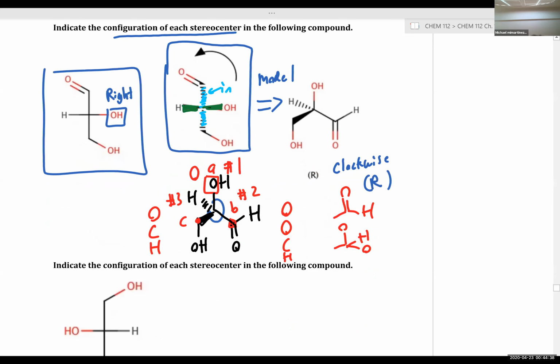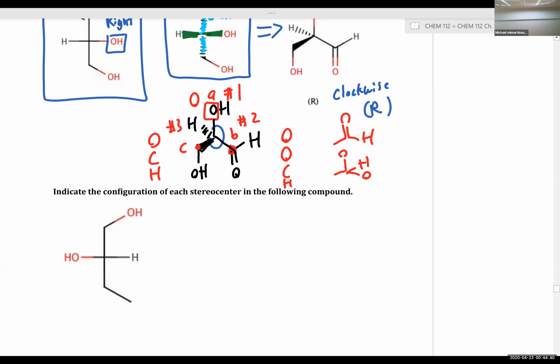Now, I'd like you to indicate the configuration of each stereocenter in the following compound. So take a look at this compound, try making a model. I'll be making a model for you as well, and then we'll come together to discuss in a few minutes and assign the configuration at that center.